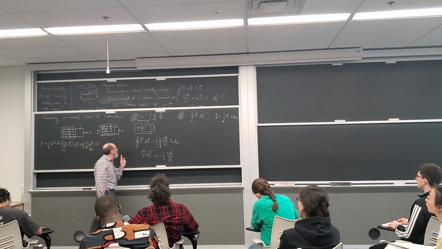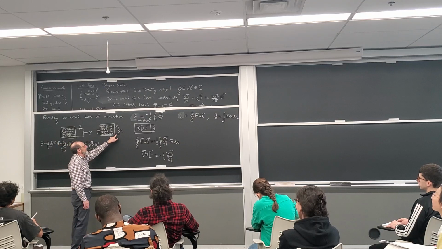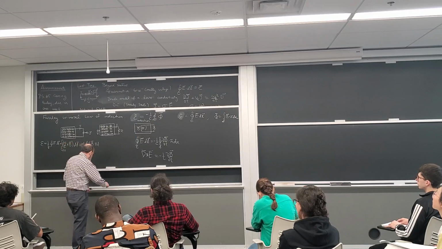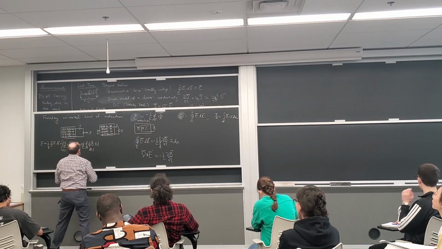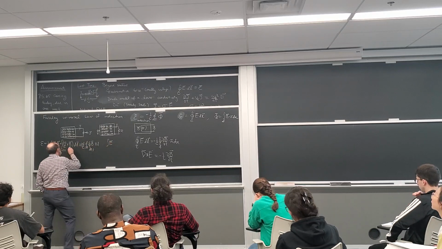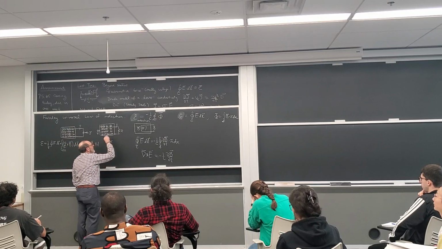That kind of tells us that in this reference frame, since this circuit isn't moving, what is true is that there is an electric field. So this is the B field here, but in this frame, it's not moving.